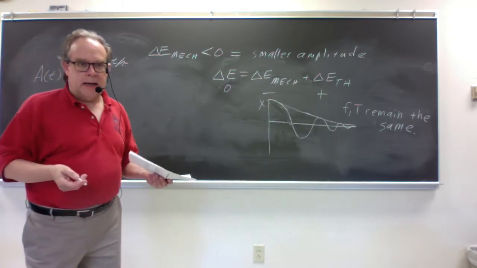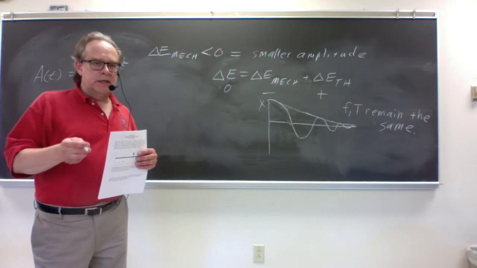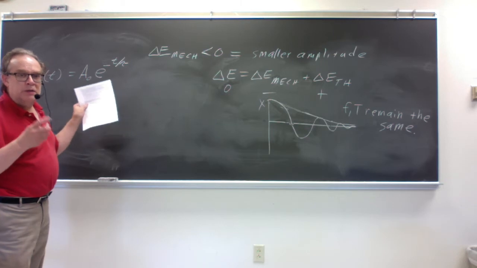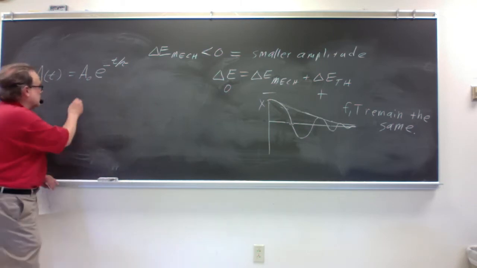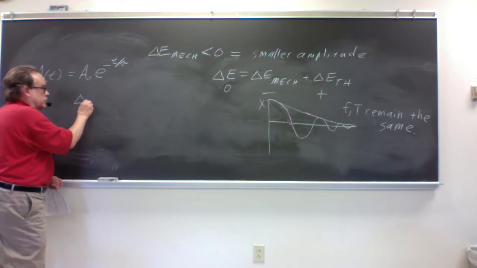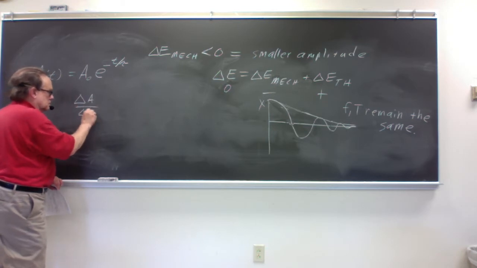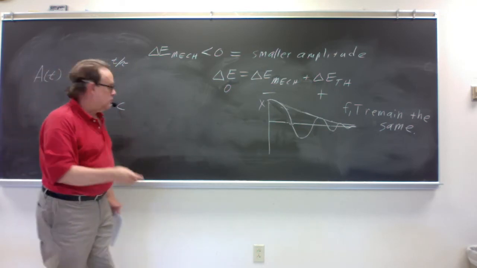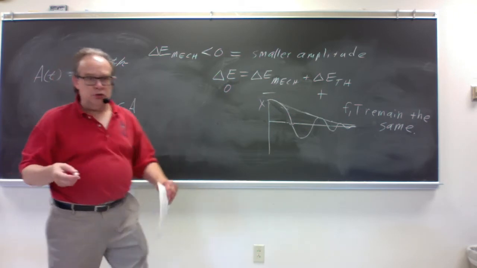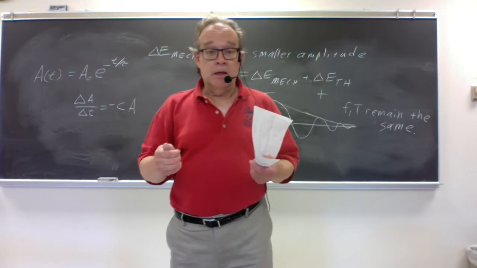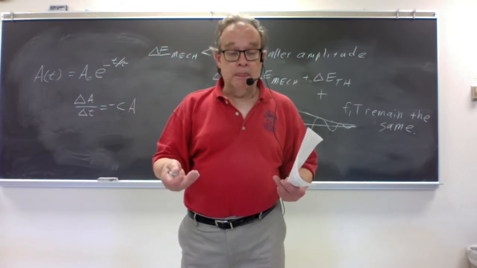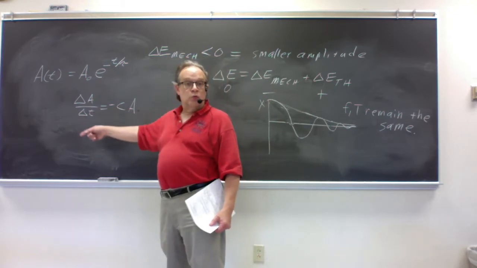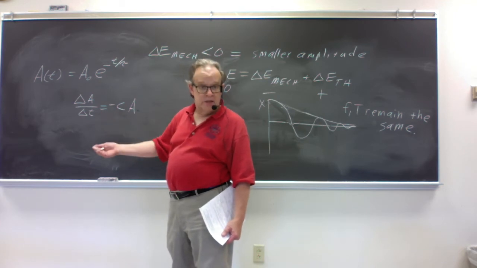And I'll talk about what tau means later. But the idea here is that anytime you have exponential change, it's because the rate of change is always proportional to the amount of stuff that you have. Or in this case, the rate of change in amplitude is proportional to the amplitude at that moment. So as the amplitude decreases, as this gets smaller, then the rate at which amplitude changes gets smaller.